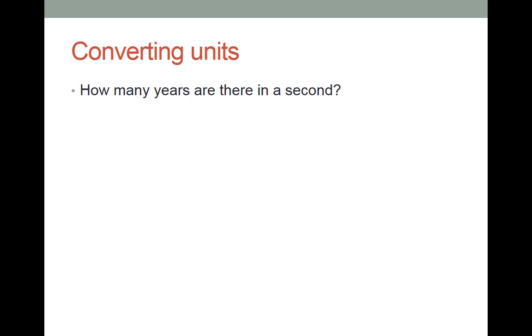Or I can take that number that I just had. I know that 31,536,000 seconds is 1 year. And now to find out how many years are in a second, all I got to do is divide.